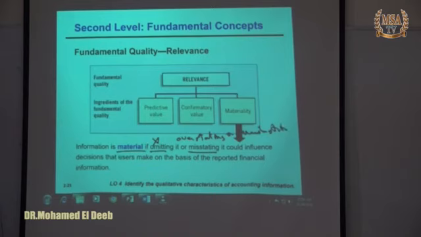Information is material if, when omitted or misstated, it could influence my decision to form some type of basis about the company. So first, give me all the information, and don't keep out anything.